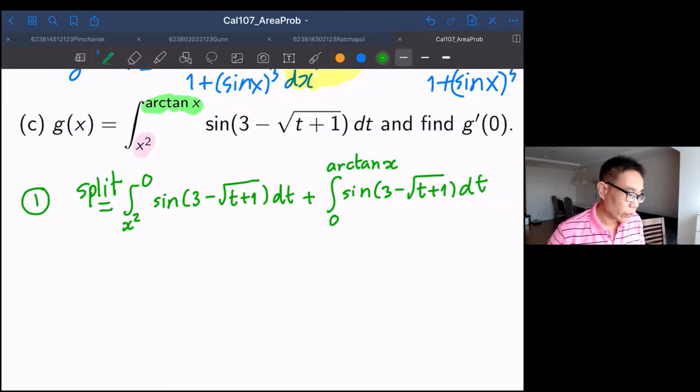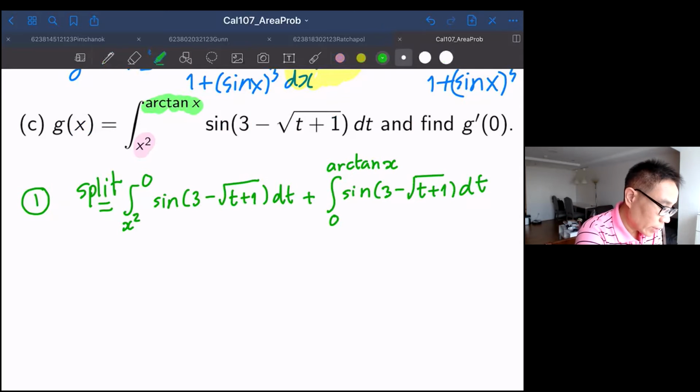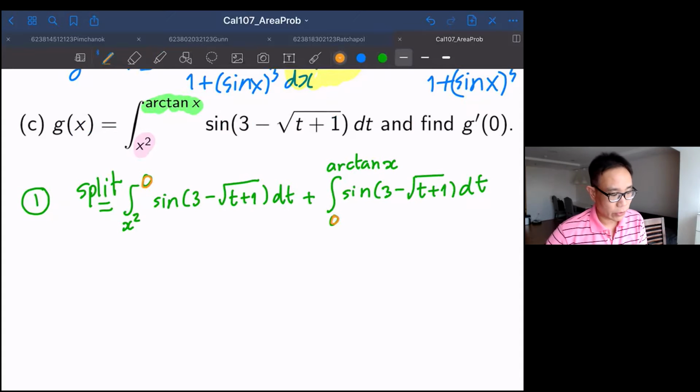You can split at any point. I choose 0 because it's convenient, but you could split at 1 or 2. It doesn't matter; any arbitrary constant will do this job.